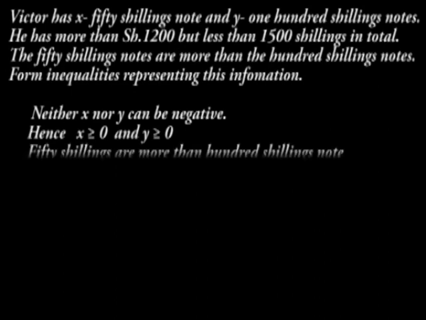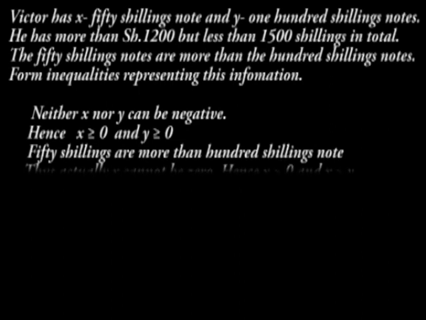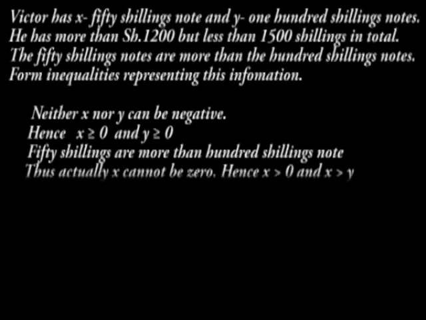However, we are told that there are more 50 shillings notes than 100 shillings notes, meaning X can never be 0 actually. We can therefore have X is greater than 0. X is greater than Y. This represents the information that there are more 50 shillings notes than 100 shillings notes.